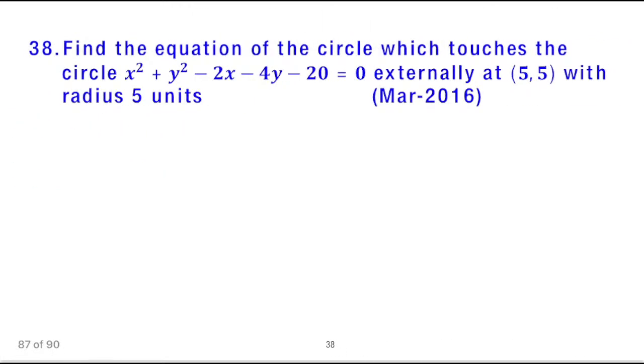Next, find the equation of the circle which touches the given circle externally, with 5 units as radius. Doing questions like this a little is useful. Can you check what it says? Read the question again.